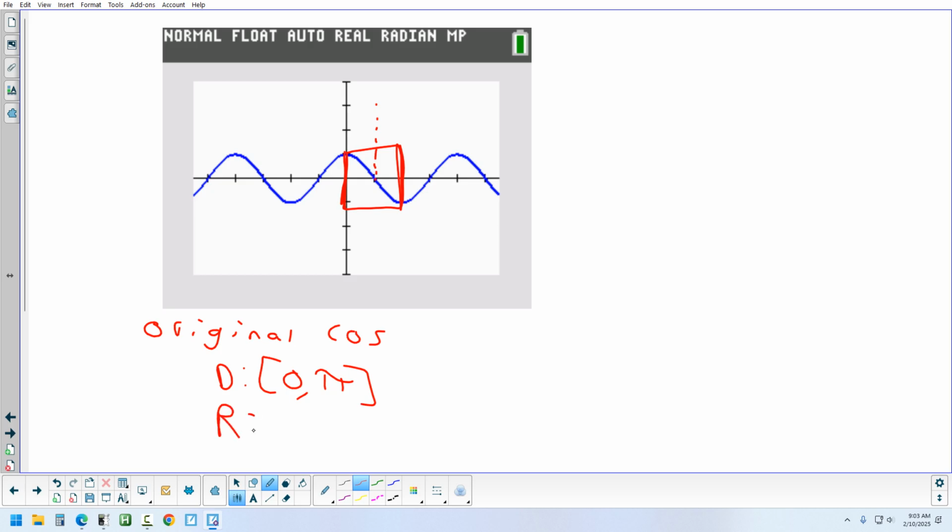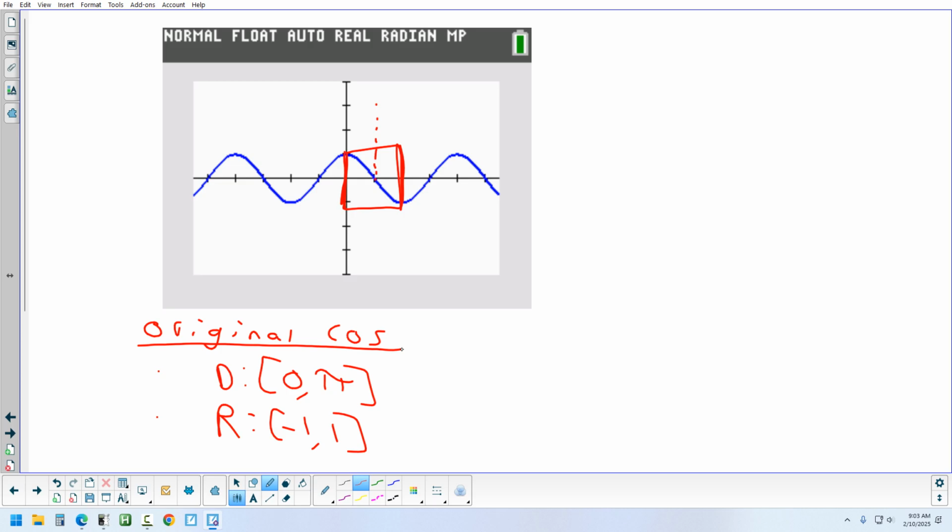How about the range? How high and low does cosine go in that box? Yep, it's -1 to 1. That's the domain and the range that we're going to use for the original cosine.